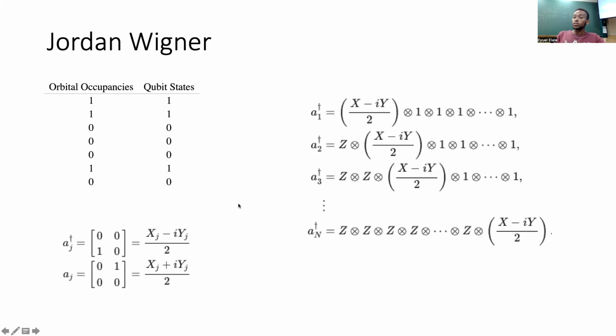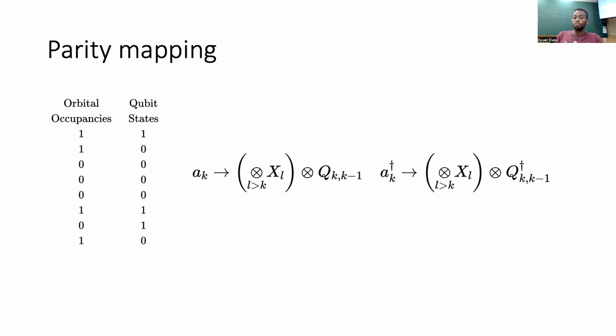I'm sorry, but can you explain again about Q? Q, okay. If we see here, we have 0, right? Orbital occupancy 0 means the orbital is not occupied, and when we get 1, the orbital is occupied. When there's this kind of occupancy, there's a flip and a change in the parity.